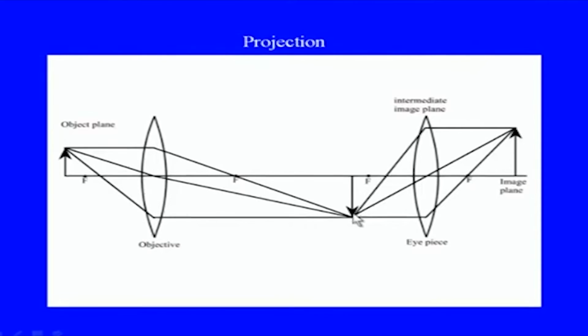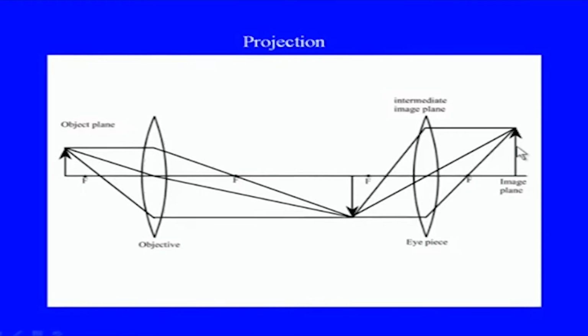So, a virtual image will not be formed on the same side of the eyepiece lens; rather, a real inverted, magnified image will be formed on the other side of the eyepiece lens, which could be collected on a screen or recorded on a video camera for further applications.